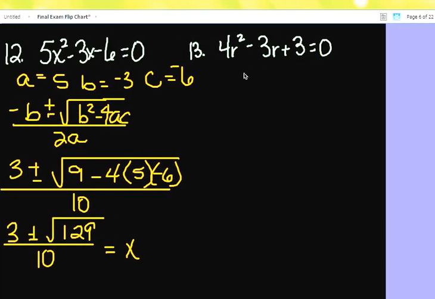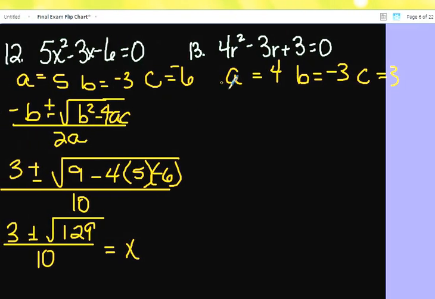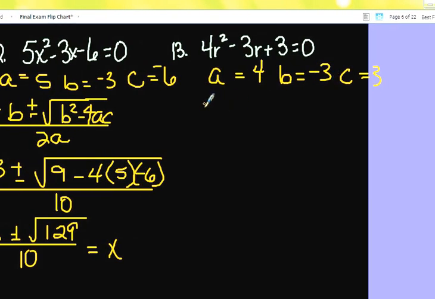It's in standard form, so now I can define A, B, and C. A equals 4, B equals negative 3, and C equals positive 3. And then when I plug it into this same template right here, I'm going to have negative b. Well, once again, b is already negative, so it converts to a positive.